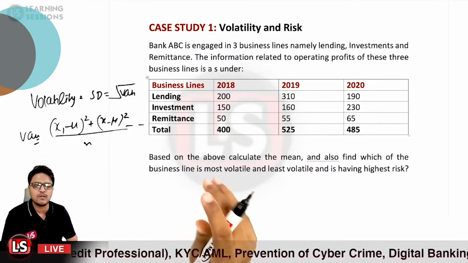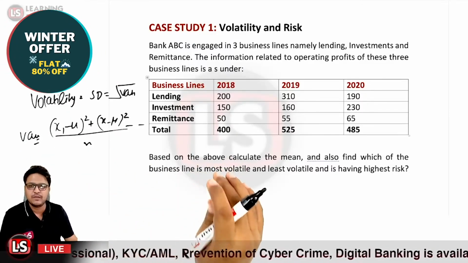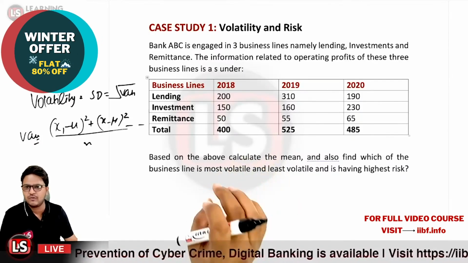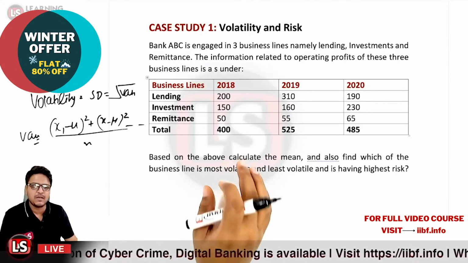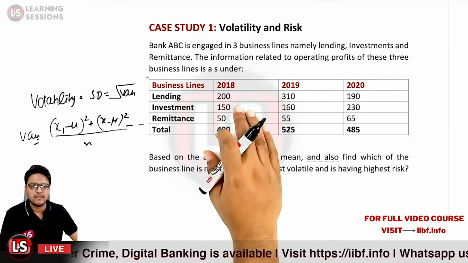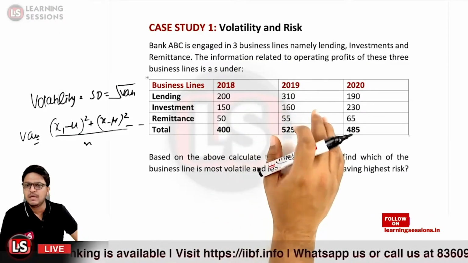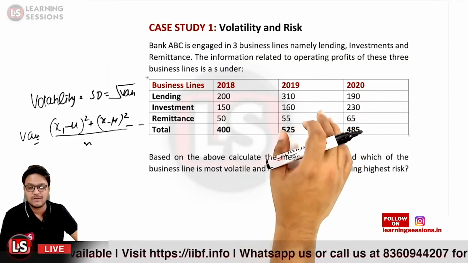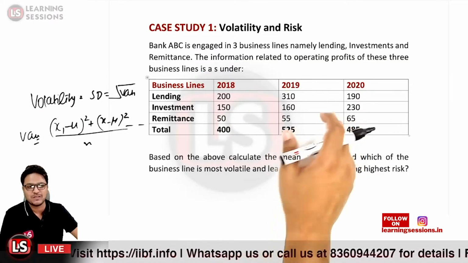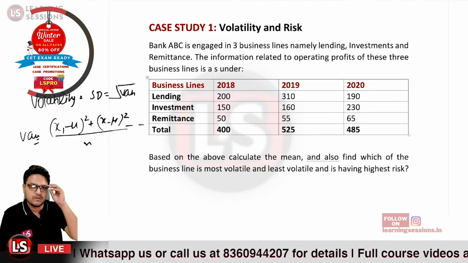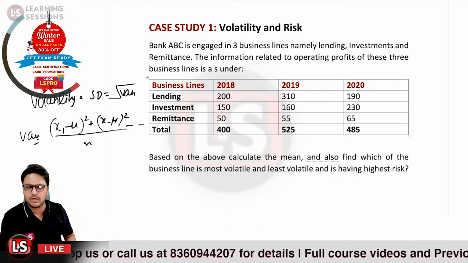So first of all we will be calculating the mean value over here. We are provided with the different operating profits over the years for the 3 business lines.